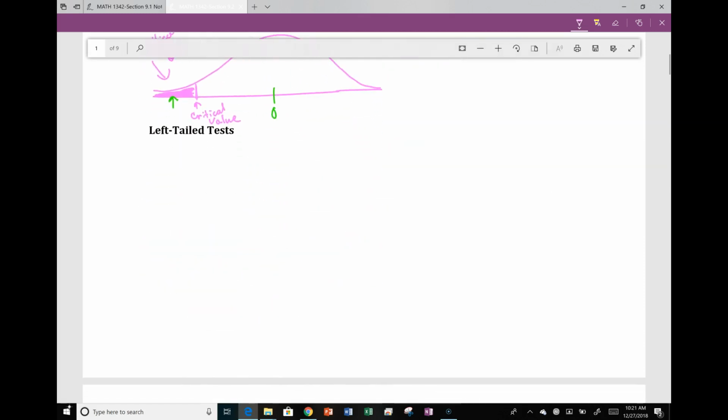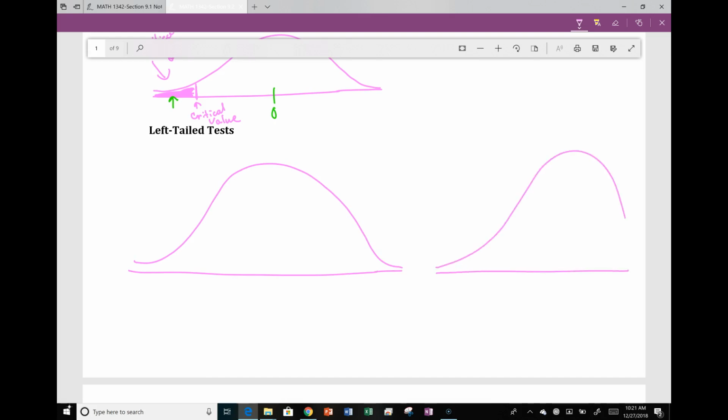So let's look at the differences between left-tailed, right-tailed, and two-tailed tests. So when we're looking at a left-tailed, which I had drawn right above, and I'm going to draw two of these. Both of these are going to be left-tailed. So my shaded region is going to contain my alpha. This is the critical region. So this also contains your alpha.